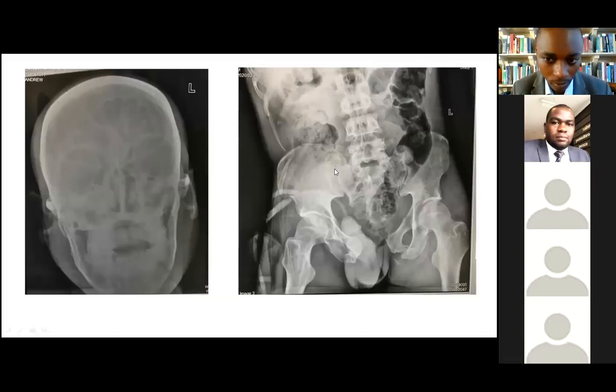There is disruption of the iliopectineal line, and there's also diastasis of the symphysis. The femur looks normal. Then I cannot clearly see on the left.